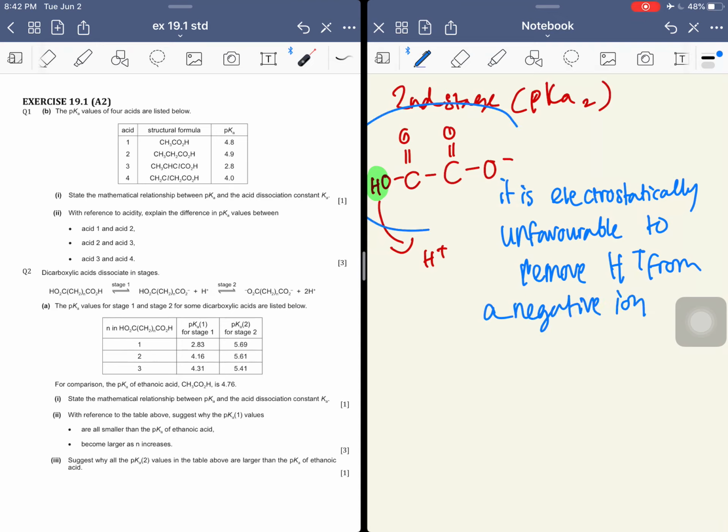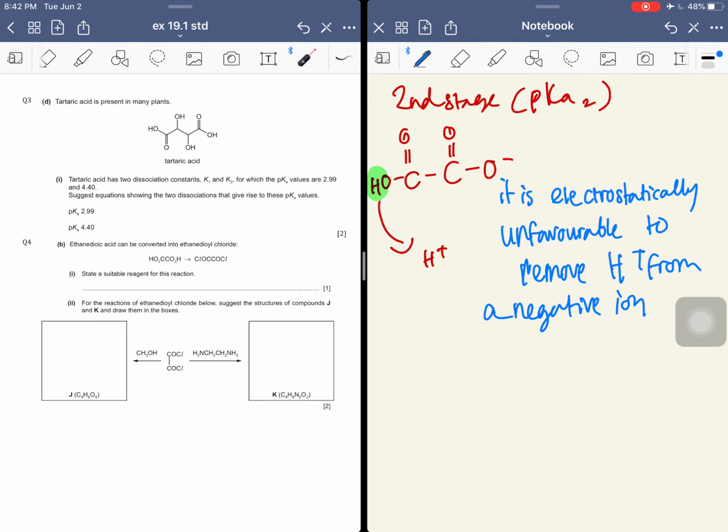This ion is already negative because you have removed the first hydrogen ion, or the first proton. Electrostatically means the charge. As I said, you do not want to remove positivity from someone who is already negative. If anything, you either want to add positivity or remove the negativity in that person. So that's that. It is electrostatically unfavorable to remove H plus from a negative ion.